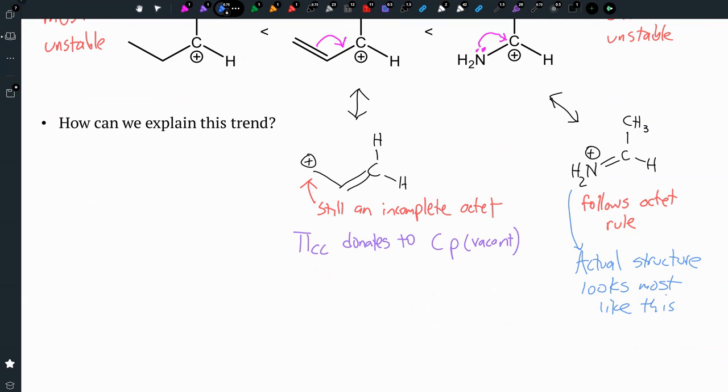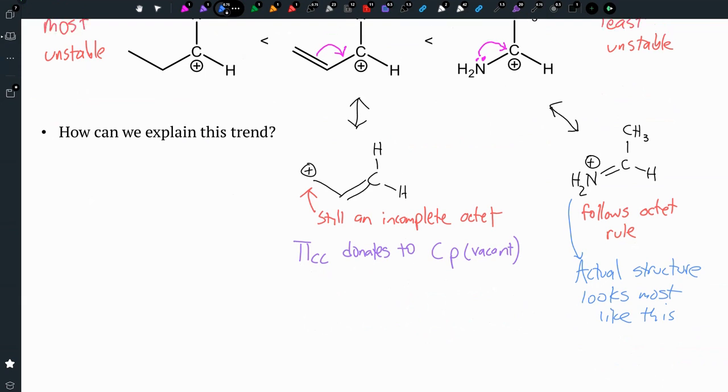So we can describe it in terms of resonance. We also might want to describe it in terms of donor and acceptor orbitals. In this case, it's a lone pair on nitrogen that's donating to the empty p orbital on carbon.